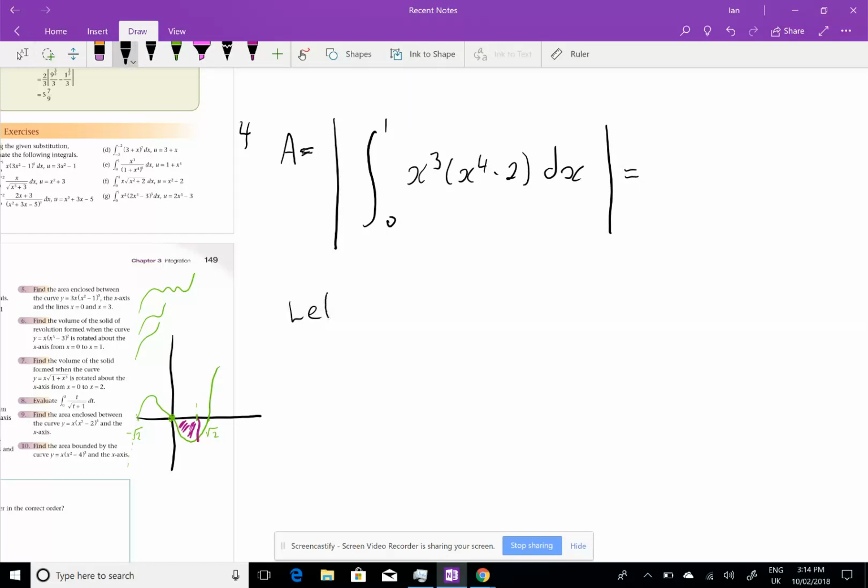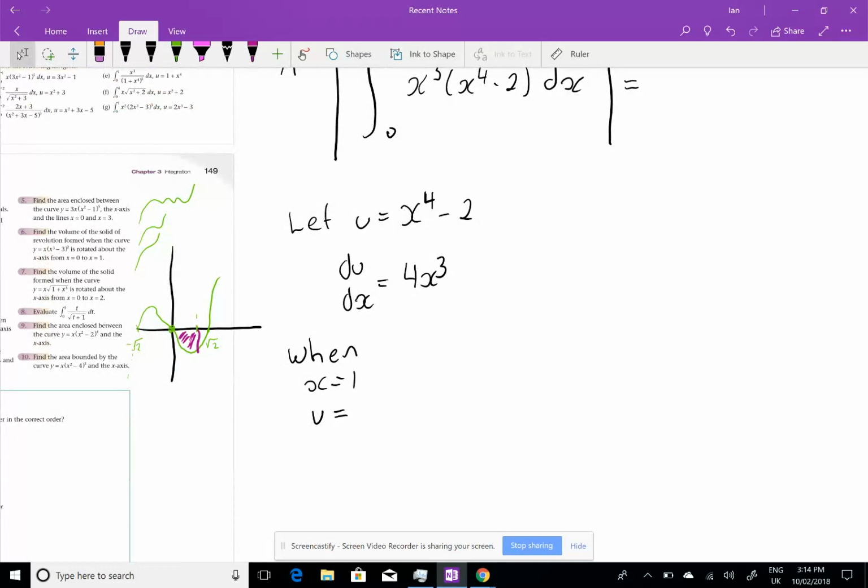So I'm going to let u equal x to the 4 minus 2. And therefore, du/dx equals 4x cubed. And when I'm going to change the parameters, x equals 1, u equals 1 to the 4 minus 2, which is negative 1.